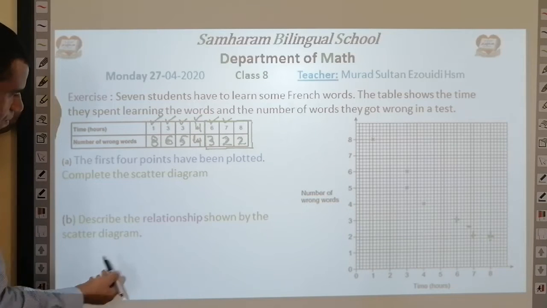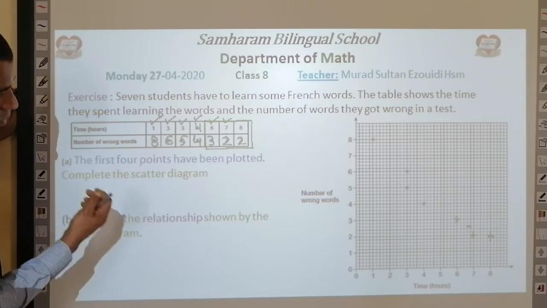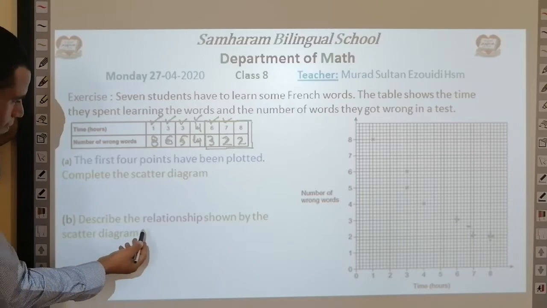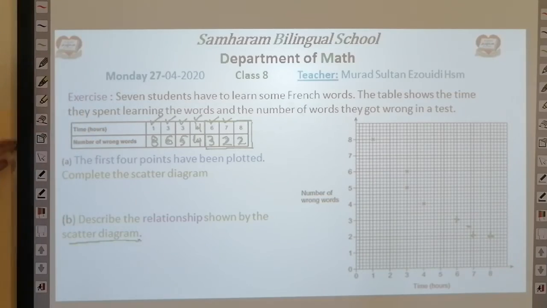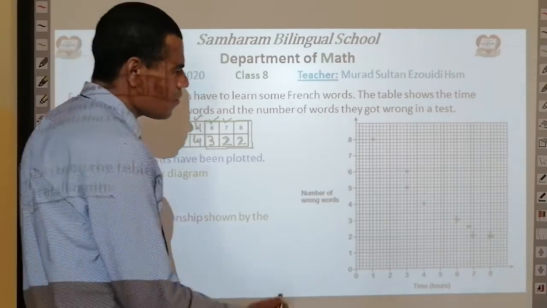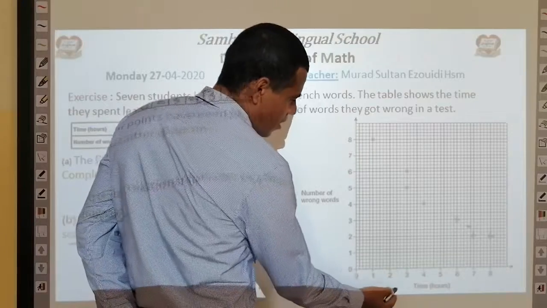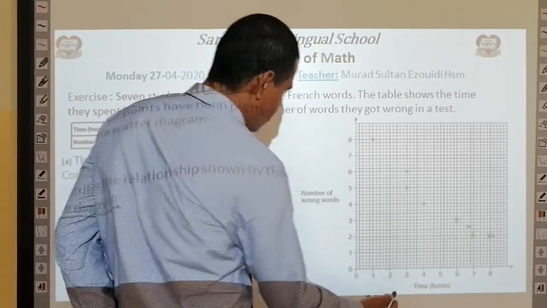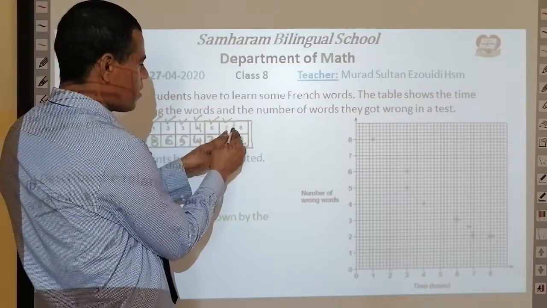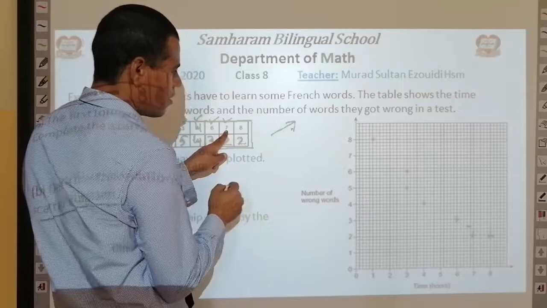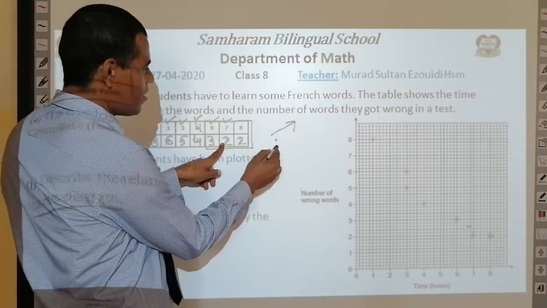Describe the relationship shown by the scatter diagram. So you can see that when the number of hours is increasing, the number of mistakes is decreasing.